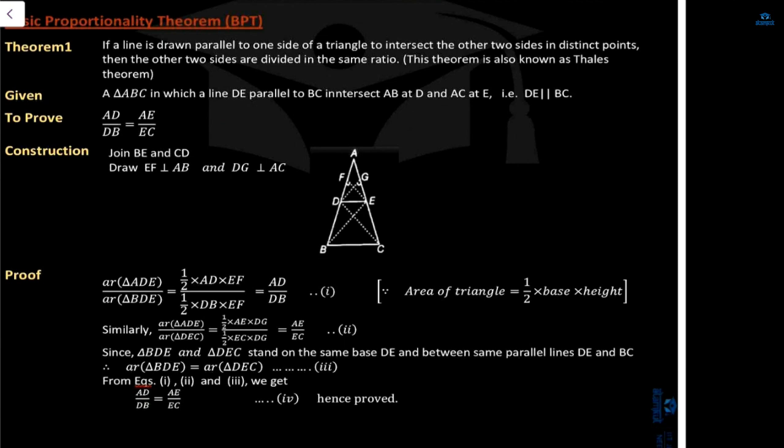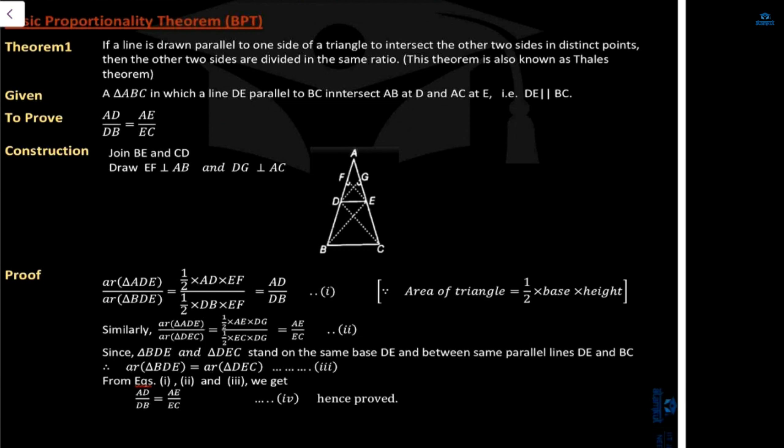So what does the BPT theorem say? If you draw a line parallel to one side of a triangle, and it touches the other two sides at distinct points, then the ratio in which that line divides the other two sides is the same. It is also known as Thales theorem.